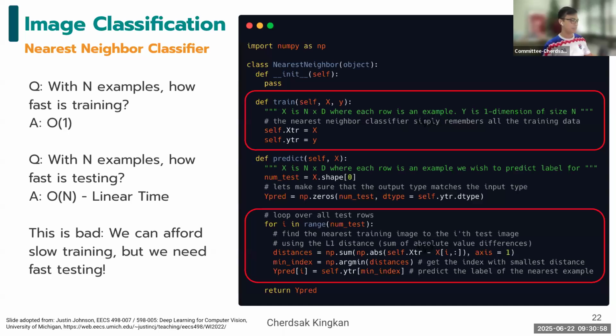Question: on the choice of K, the smaller K, like 1 or 3, and the larger K, like 11 or 15. I think this is a hyperparameter, right? It depends on the data sets. You need to try and see what the best parameter is.